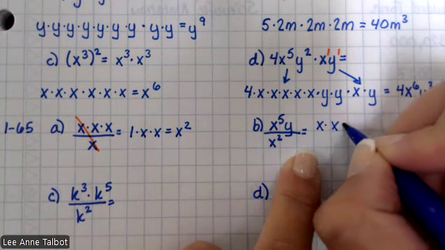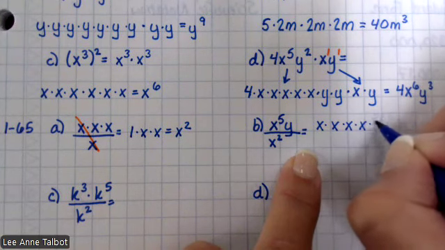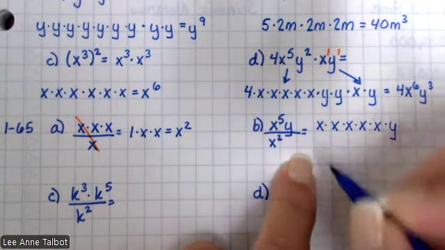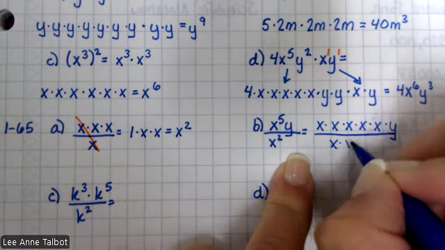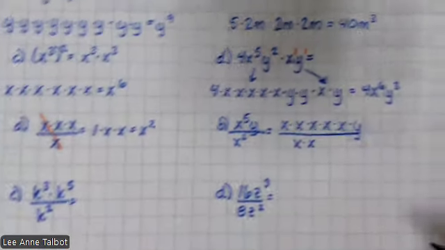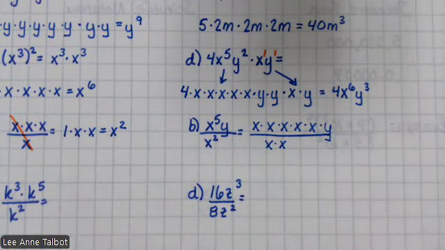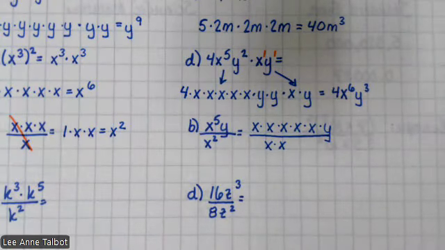x times x times x times x times x times y over x times x. Okay, do you guys see any ones?